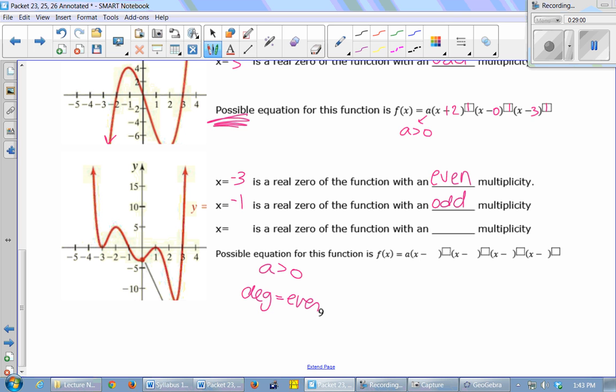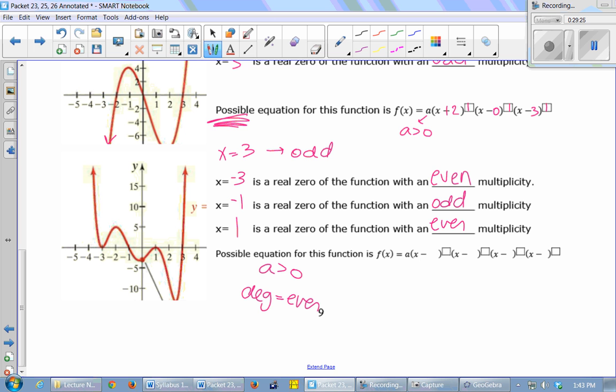And then my next zero happens at 1. Even. And then I've got another one that I didn't write down, right? So my next zero is at x = 3, and it is odd because it goes through the axis.